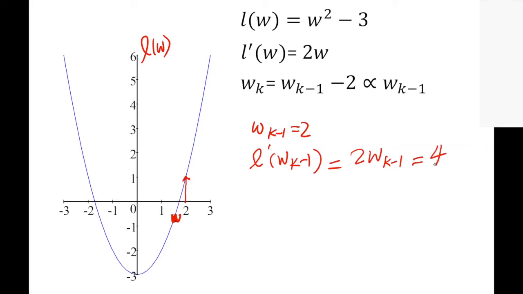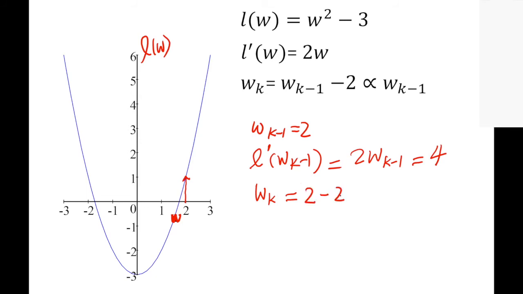All right, so what does this even mean here? Let's see what w_k is. w_k is 2 minus 2.